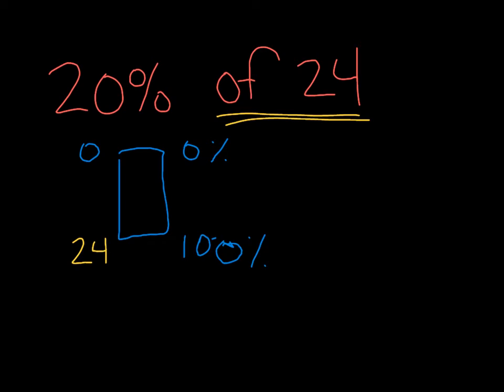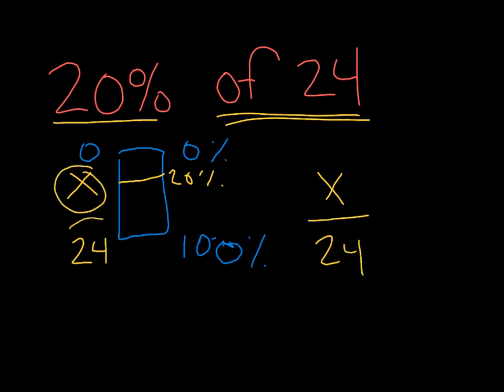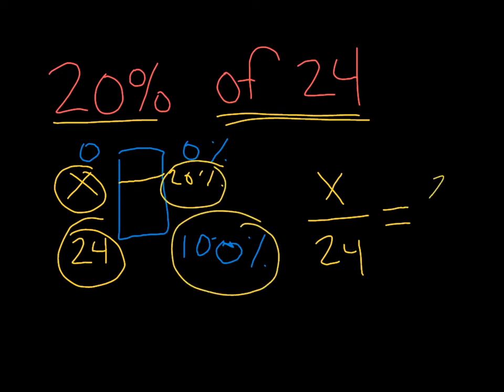Now I'm ready to put in my percent, and it's 20%. On the percent side of the box, I'm going to go down to 20%, which is between 0 and 100, obviously. Then I go across from that, and that is the number that I'm trying to find. So I have x over 24, just looking on my left-hand side, equals 20 over 100.